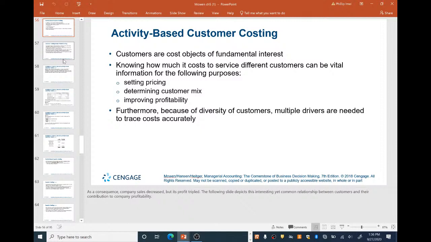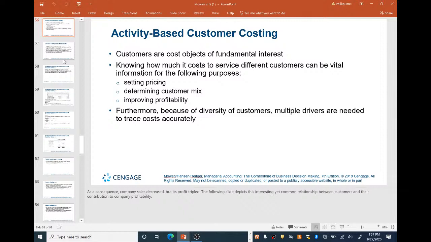Knowing how much it costs to service different customers obviously is vital information, because knowing the expense of servicing your customers is going to go into the determination of what you sell your products or services for. Obviously you want to make sure you set it high enough that you're covering your costs and making money.